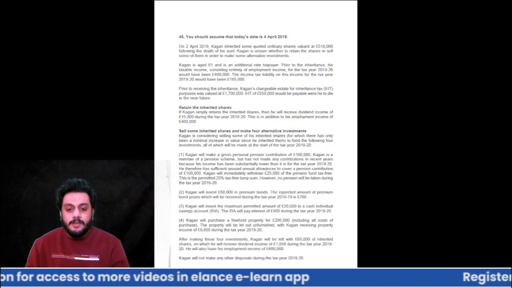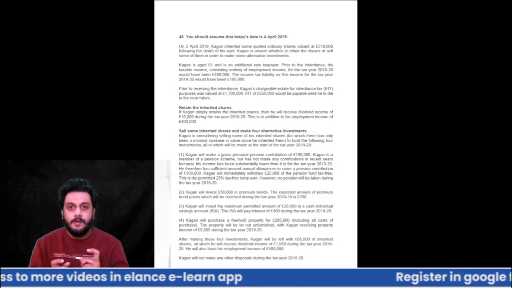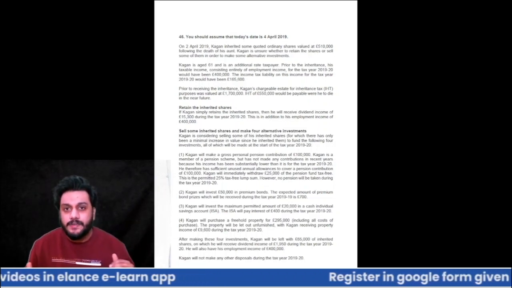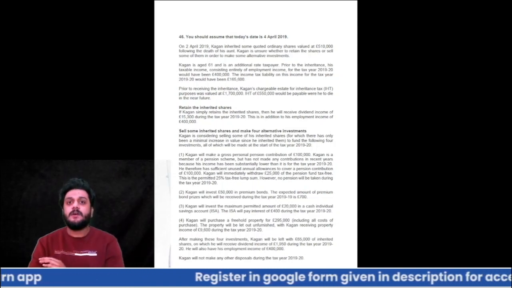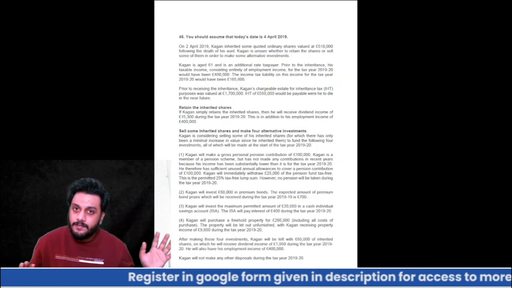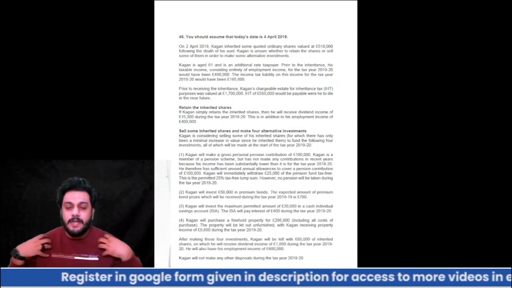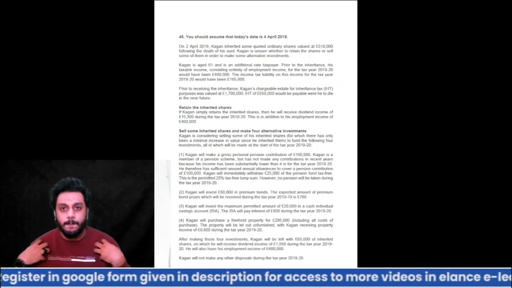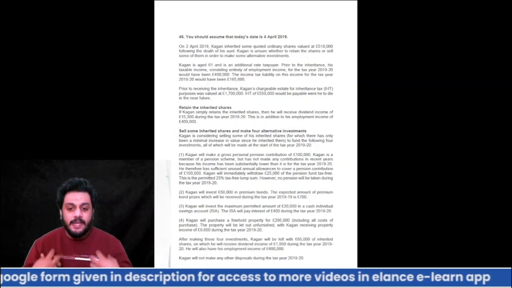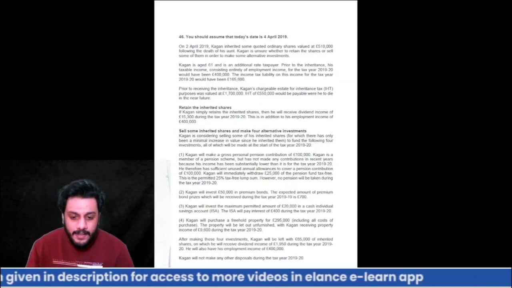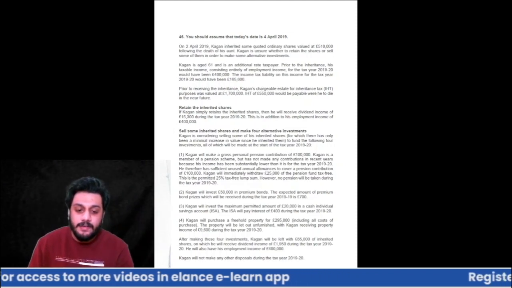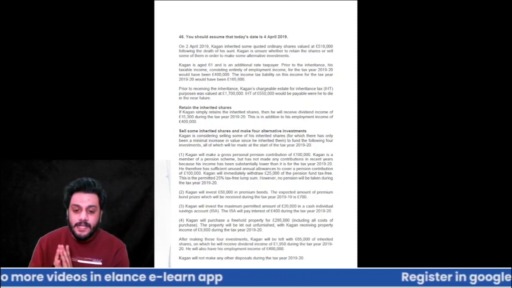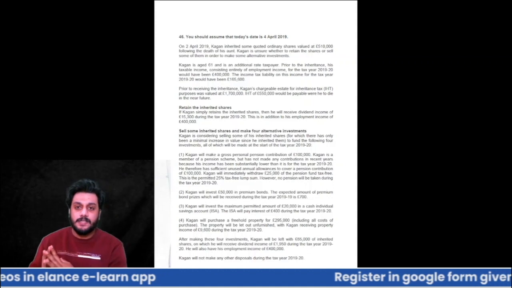So the first sub-paragraph is his first option, to retain the inherited shares. That means he's not going to sell the shares which are inherited from his aunt. He is going to keep those shares with him. Okay. If Kagan simply retains the inherited shares, then he will receive dividend income of 15,300 during the tax year 2019-20.